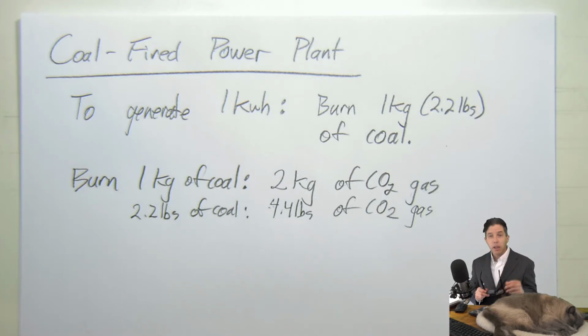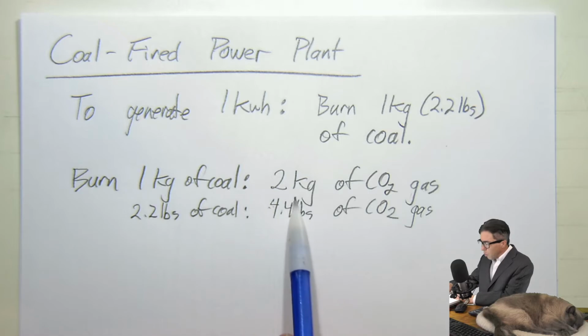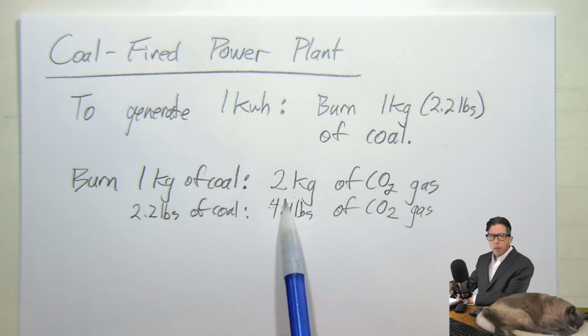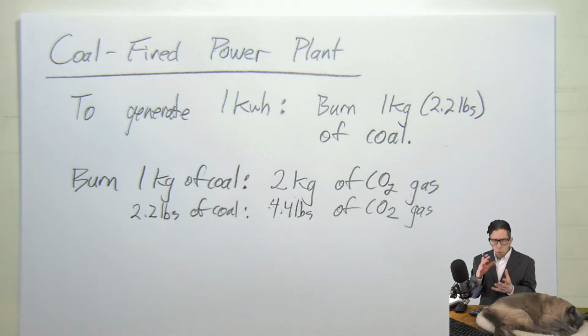Why would that be? Because when you burn the coal, it reacts with oxygen in the air to produce more CO2. So 1 kilogram of coal makes 2 kilograms of CO2. All right, we're talking about mass of a gas, which is abstract because we don't think about gases as having mass, but they do. So how much would that be?